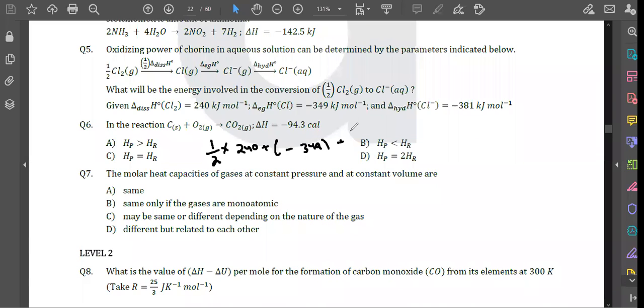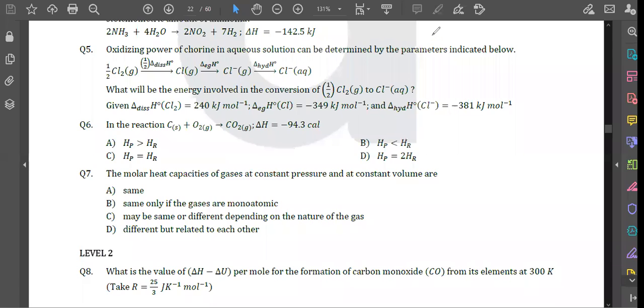Now, plus, and again, since it is negative, it will be minus how much? 381. So if you add them, you will get the answer. It was a very easy basic problem of Hess law. Yes or no? Got it, everyone? I guess everyone got this.